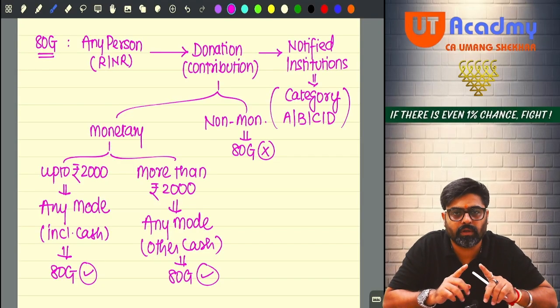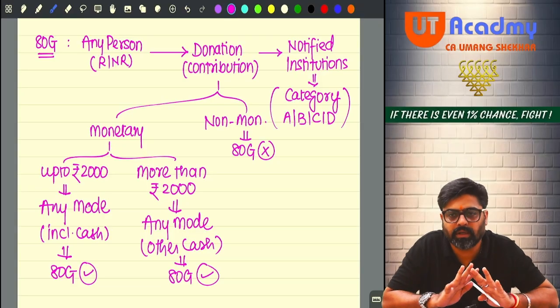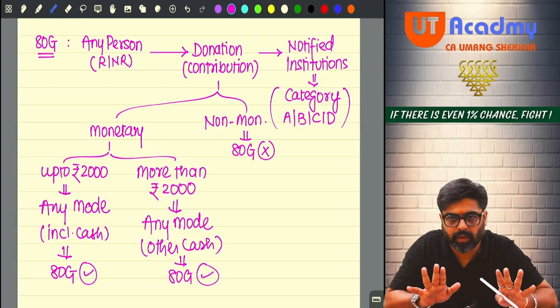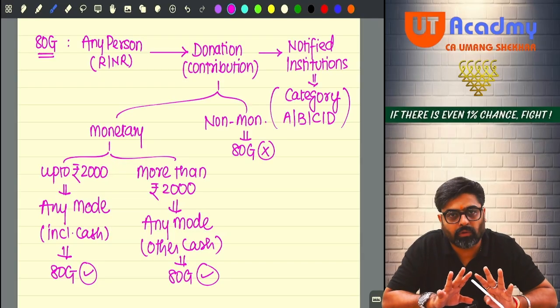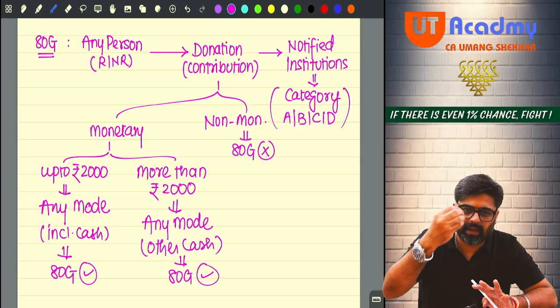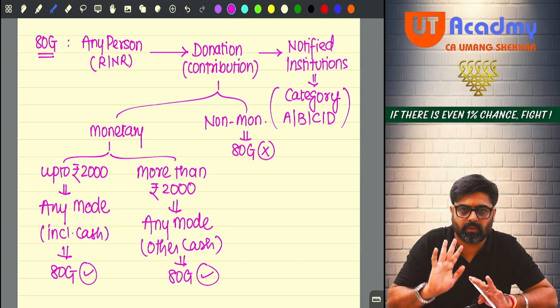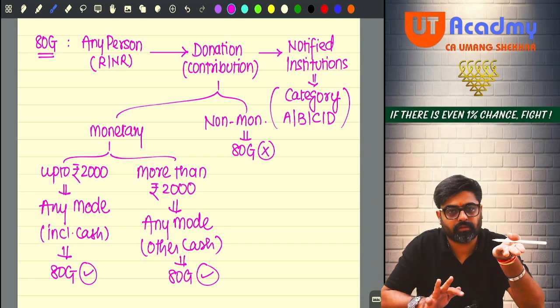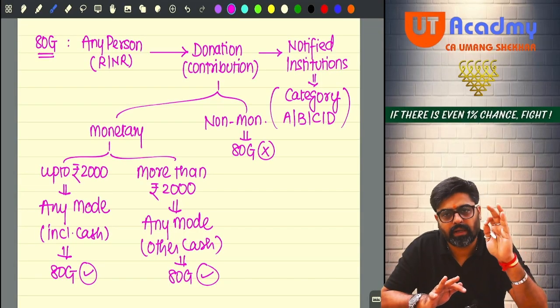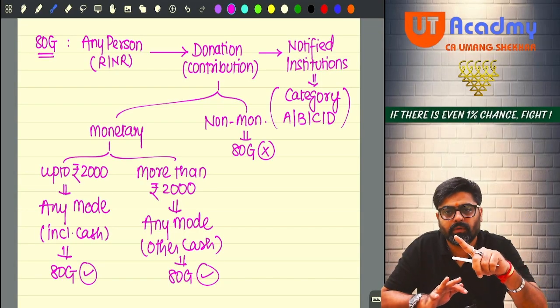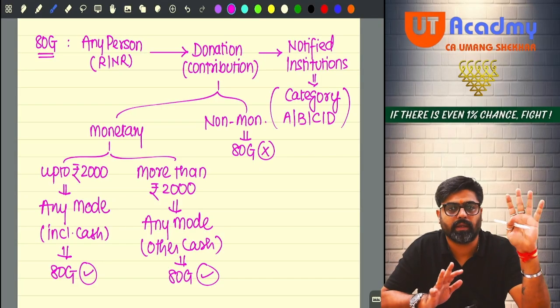Any non-monetary donation will not be allowed as a deduction under 80G. Monetary donation up to rupees 2000 can be made by any mode including cash. It will be allowed. But if it is for an amount more than 2000, then it has to be made by way of any mode other than cash. Only then will that donation be allowed.